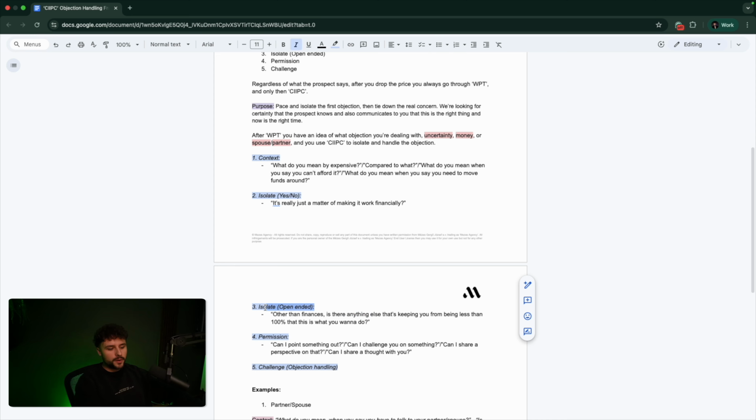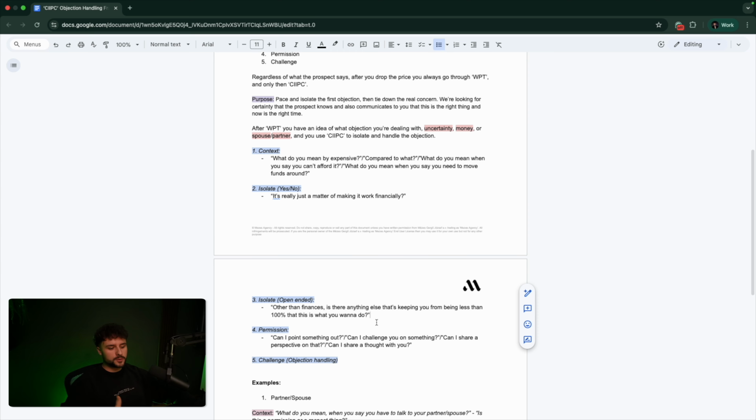That's why it's open-ended, because we don't want to just box them into a yes or no question, but give them a chance to open up and see if there's any other underlying concern that we haven't talked about. That's why it's super good, because it gives the prospect an opportunity to open up.